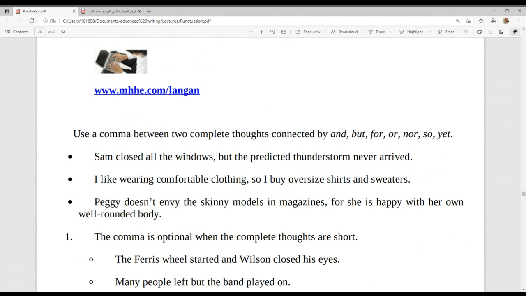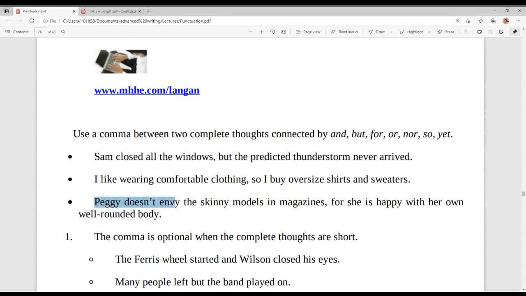Sam closed all the windows, comma, but. You know, some writers forget to use the comma before these words. I like wearing comfortable clothing, comma, so I buy oversized shirts and sweaters.